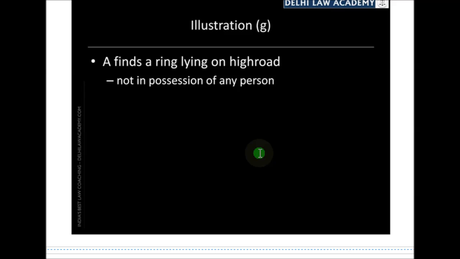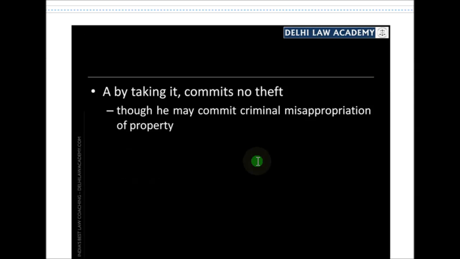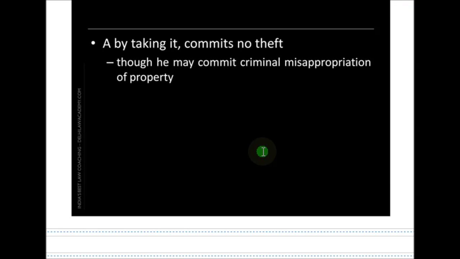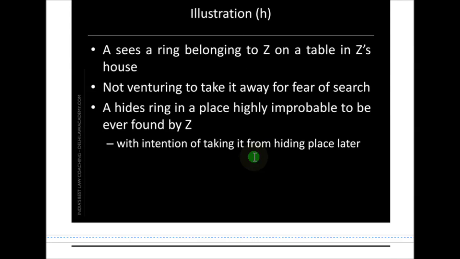Since the ring is not in anybody's possession, there is no question of A taking the possession of the ring out of somebody else's possession, and therefore, in this case, it will not amount to theft. And the answer given in the Indian Penal Code is also the same, that A, by taking it, commits no theft, though he may commit criminal misappropriation of property, which is a separate offense not involved in this question. Moving on to the next illustration.